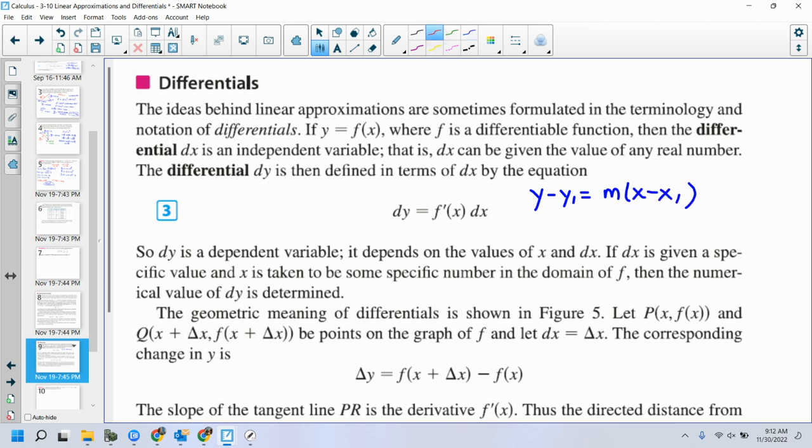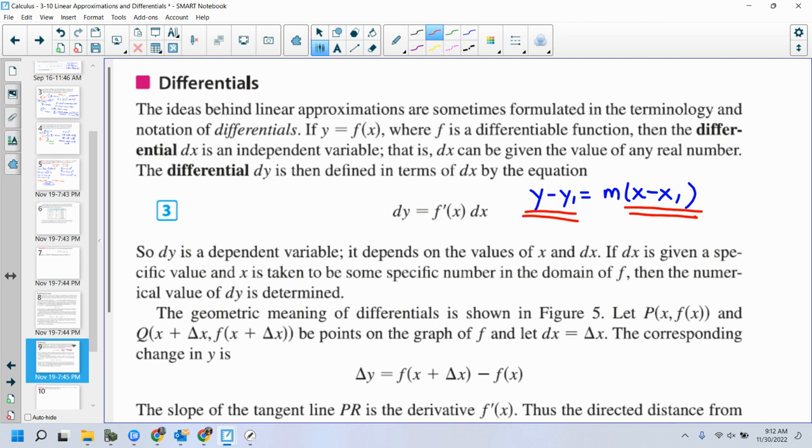What is this truly? The differential on y, the difference in y. And this is the differential on x, the difference of x. And then what is f prime? That's the slope, f prime of x.